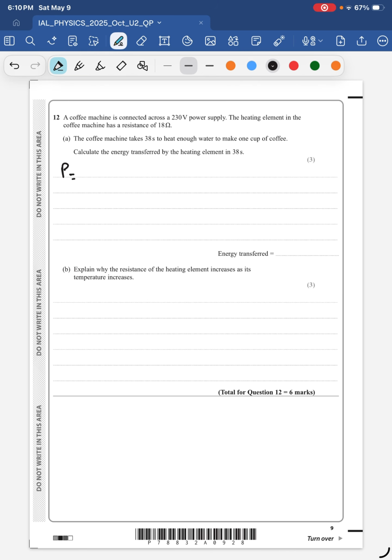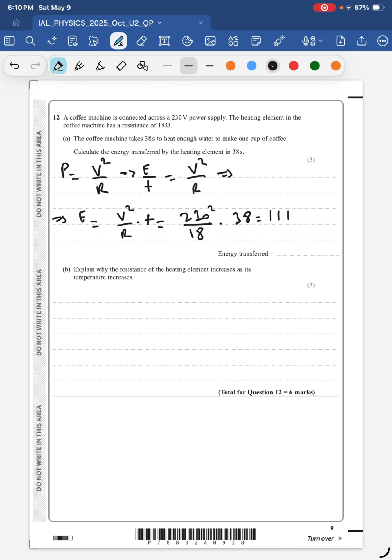Okay, so the power is given by V squared over R for this heating element, but power is energy over time, and this is equal to V squared over R. So energy is V squared over R times time, so 230 squared over 18 times 38 seconds, and this yields 111,678 joules.